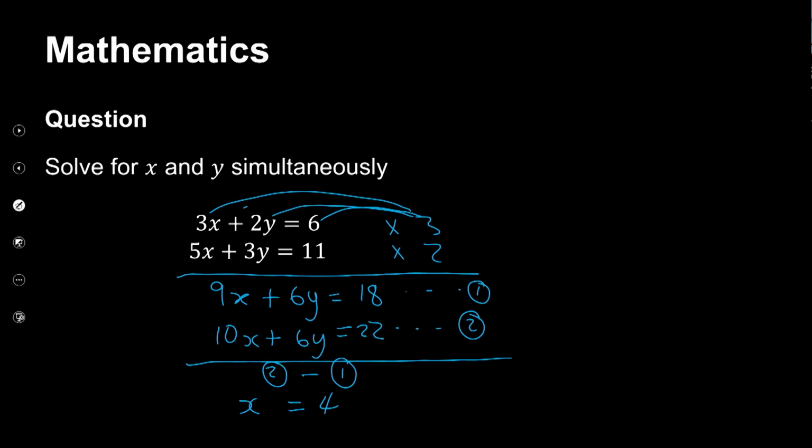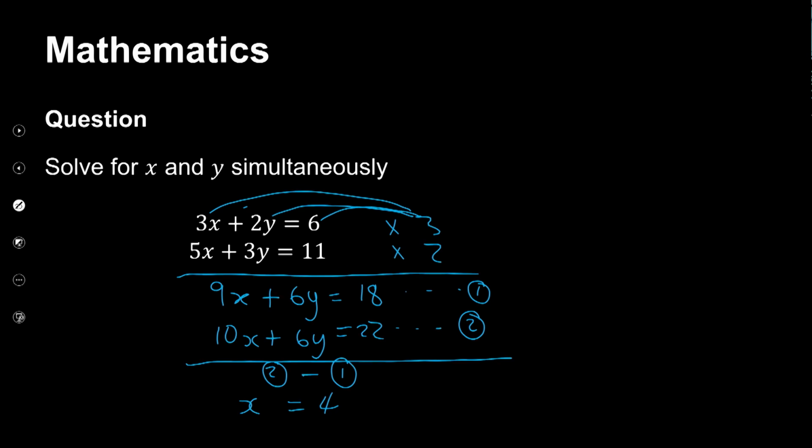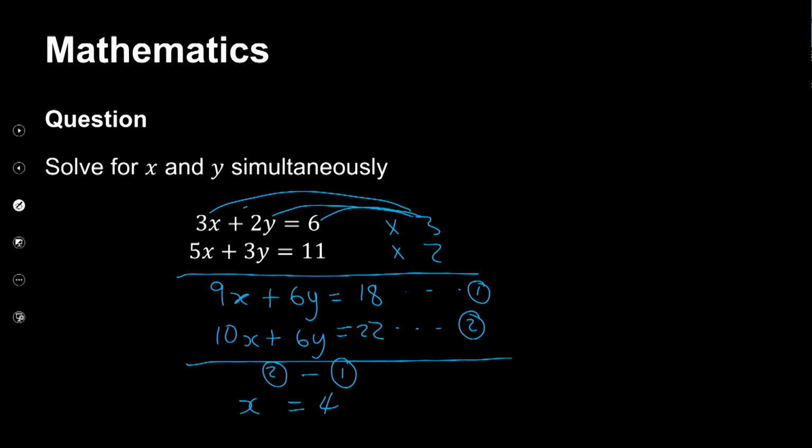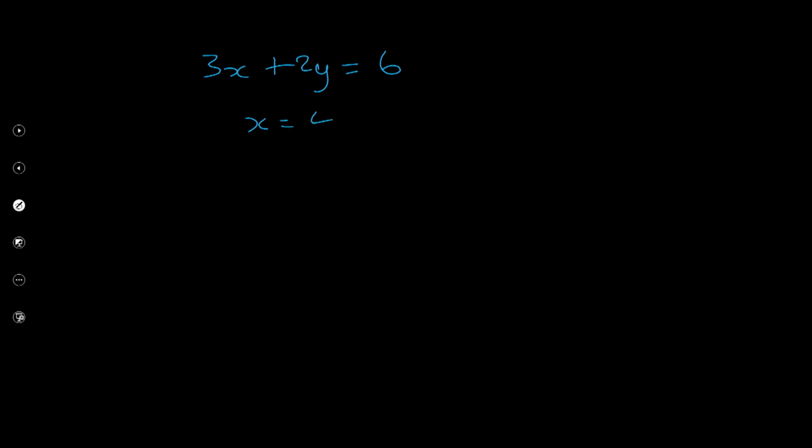Now I'm going to choose any equation. And I said when you are choosing the equation, you go to the original equations you were given. Don't use the ones that are equivalent forms of the originals, please. So I will choose 3x plus the 2y equals to 6. And remember we got our x as equals to 4, right? Okay, so we got x as equals to 4.